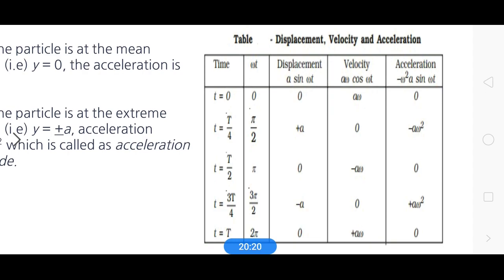And finally at time t is equal to capital T, means at the mean position, the omega t is 2 pi, velocity becomes maximum, displacement is 0 and the acceleration is 0. So these are the values of displacement, velocity, acceleration at different positions, means at mean and at extreme positions of the particle.